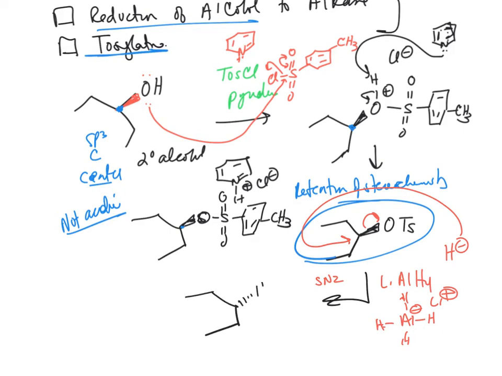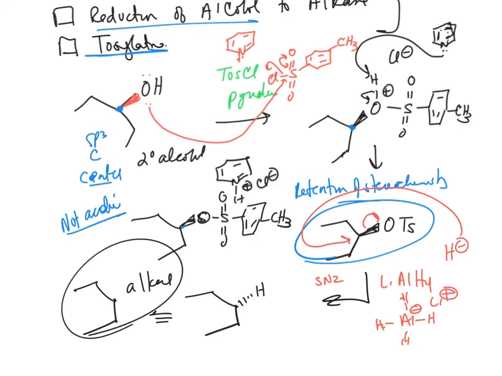And now you have the hydrogen there, but that's the same thing as an alkane. So that's how you reduce an alcohol, 1, 2, 3, 4, 5, pentane, to its alkane by first making a tosylate and then reacting with lithium aluminum hydride.